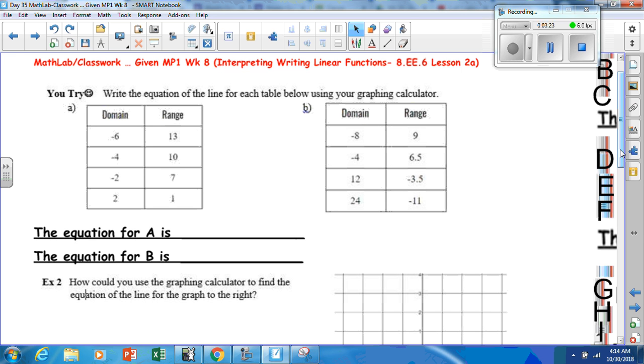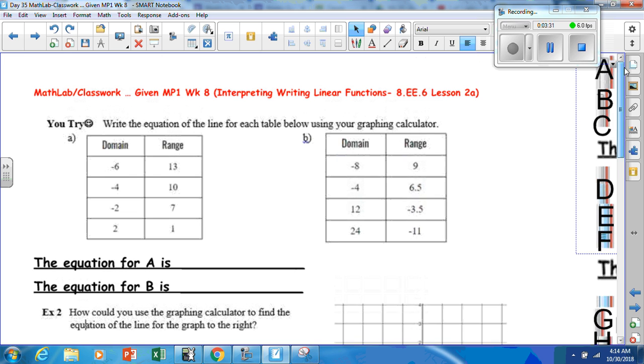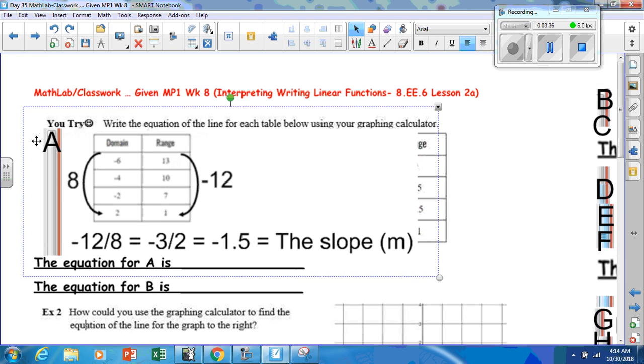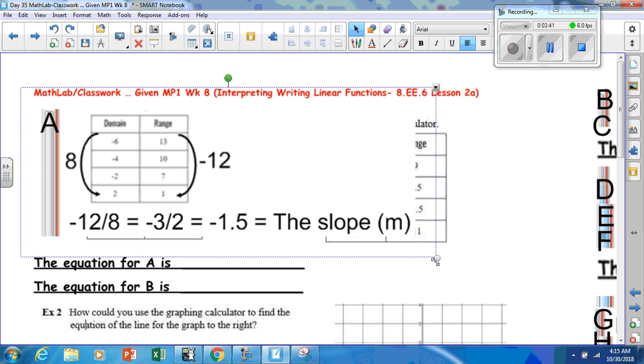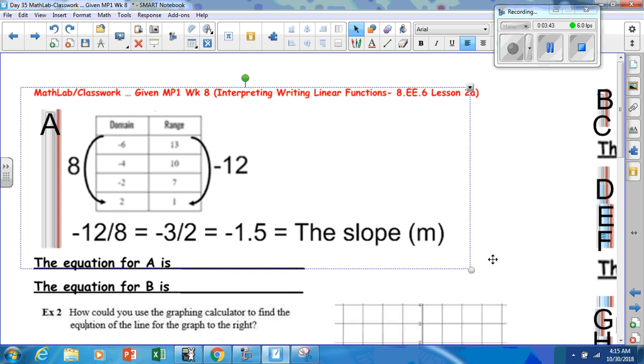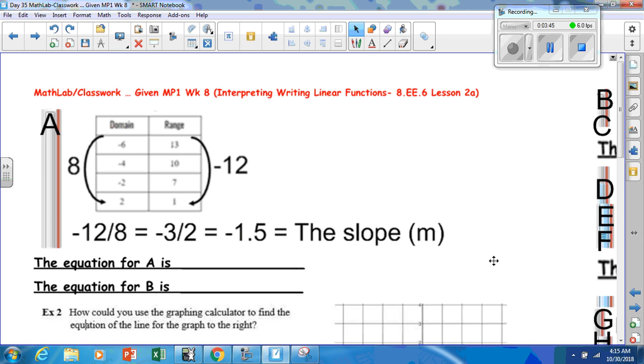Now, I'm going to vary the approaches, but this is an approach that I started out with, where you just look at your changes in your X and Y values. So I change 8 to go from negative 6 to 2, and I do a change of negative 12 to go from 13 to 1.